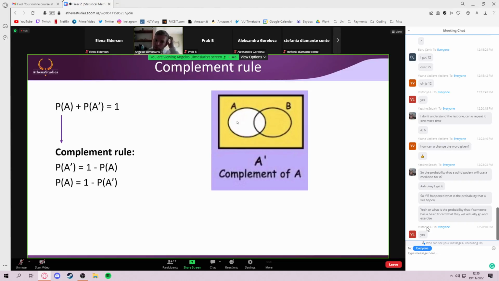So in that case, we care about the probabilities of the yellow part. So we say the probability of the yellow part equals 1 minus the probability of A. And it's the other way around. So the probability of A to happen equals 1, which is all the space, minus the probability of the complement of A, of the yellow part.